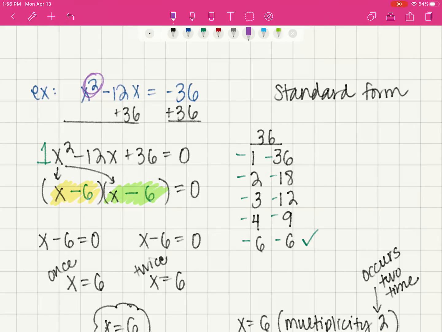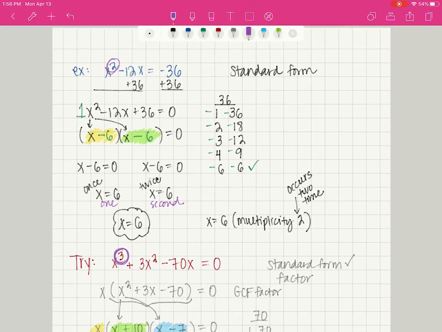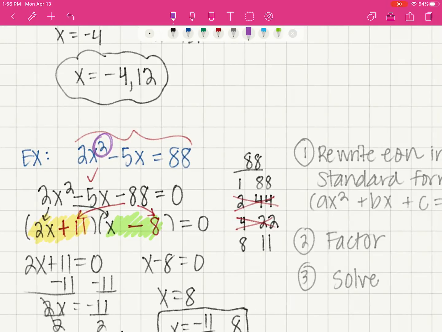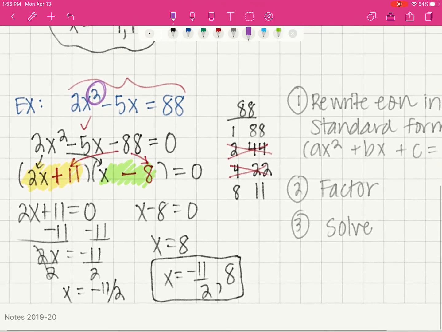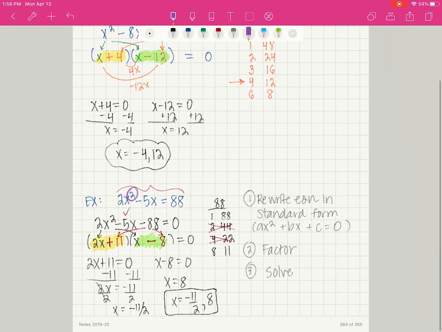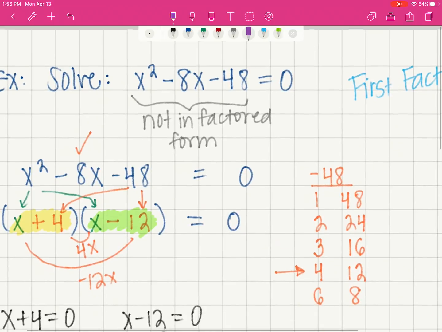It just happened to be the same thing. But here's one answer. Here's the second answer, right? Degree 2, 2 answers. Come back here. Well, this was a degree 2. Degree 2, how many answers do we have? 2 answers. I think we're on to something.